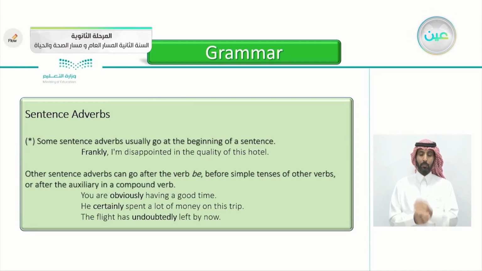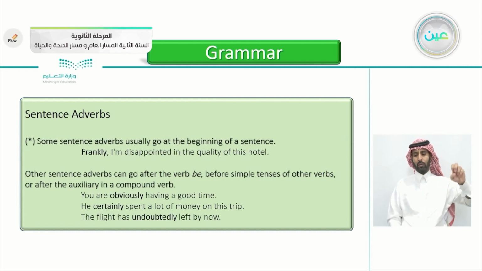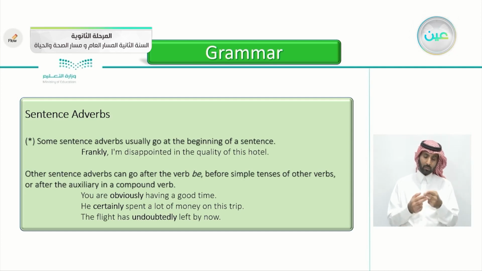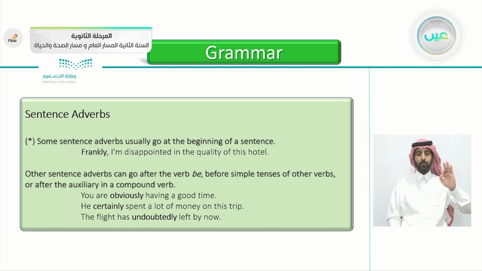Some sentence adverbs, the ones that had the star mark on them, usually go at the beginning of a sentence. For example here, frankly, I'm disappointed in the quality of this hotel.